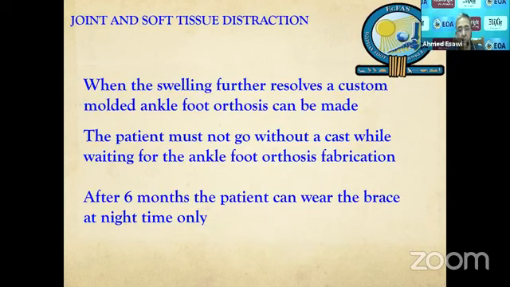When the swelling has further resolved, a custom-made ankle foot orthosis can be made, and the patient must go with the wet cast while waiting for the ankle foot orthosis fabrication. And after 6 months, the patient can wear the brace at night only.